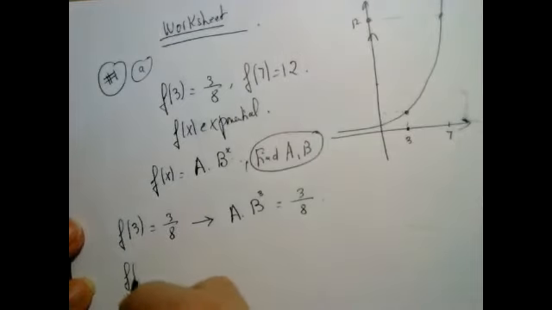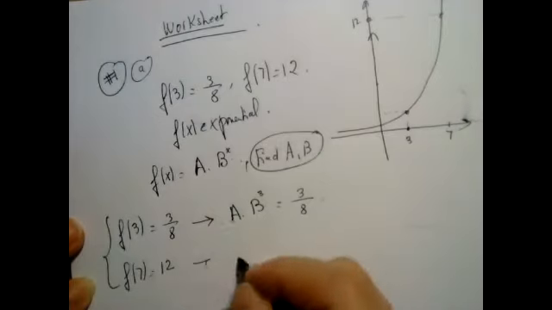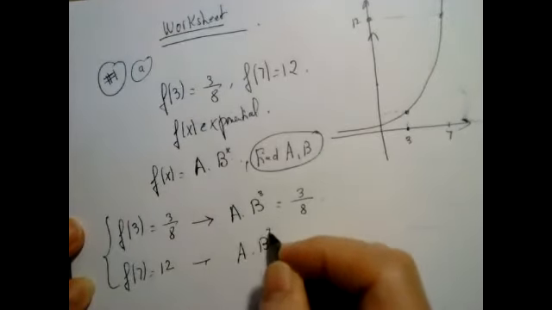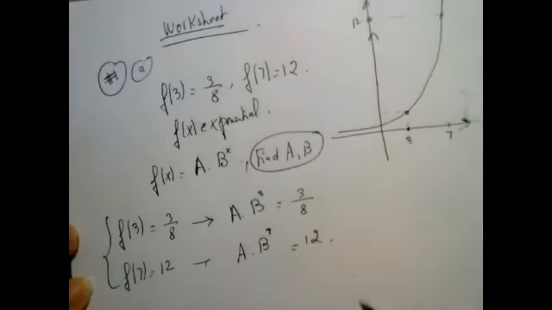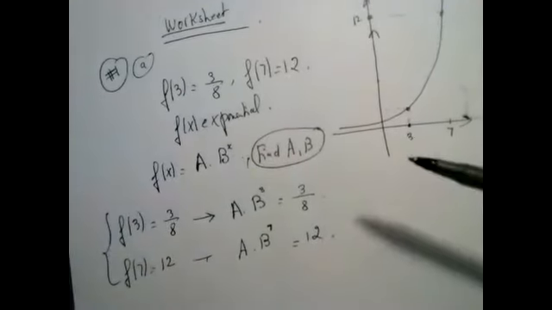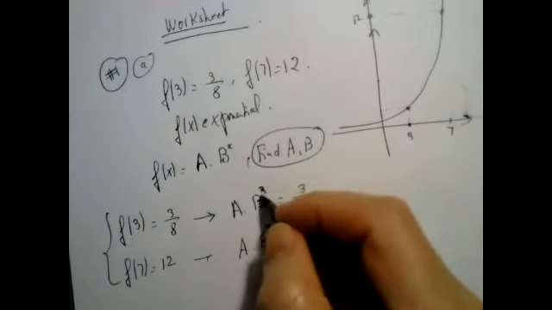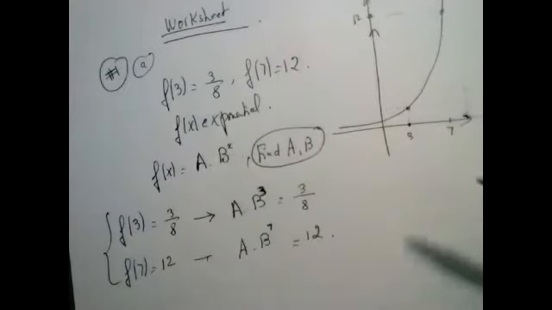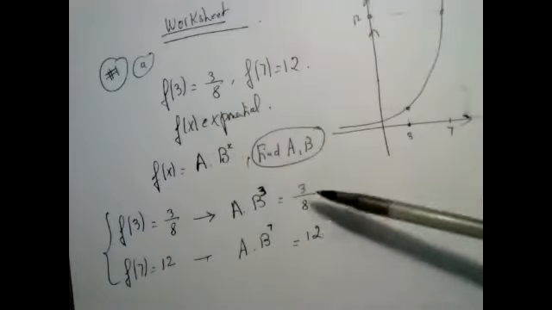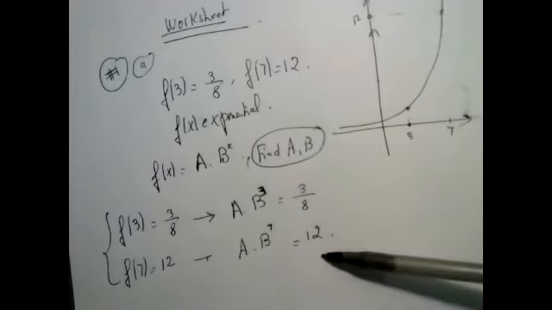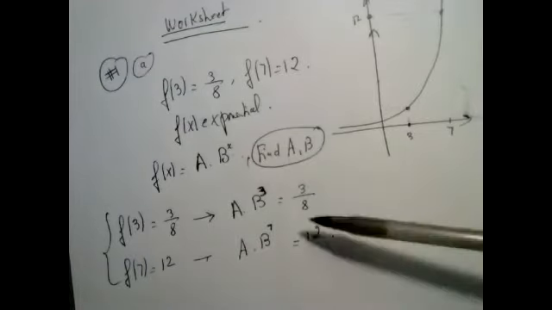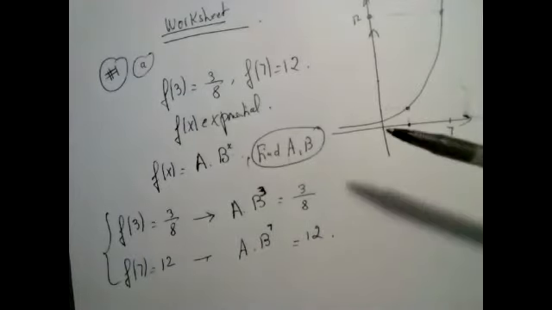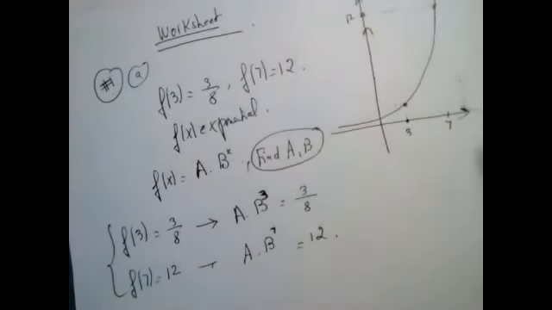It means if I plug in 7 for x, my output will be 12. So one way you can look at it is that you have basically 2 equations and 2 unknowns, the a and the b, and you have to use them both to solve for a and b. That's how you can really look at the problem.